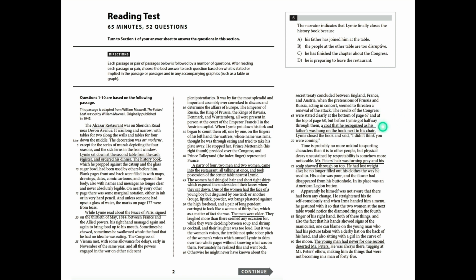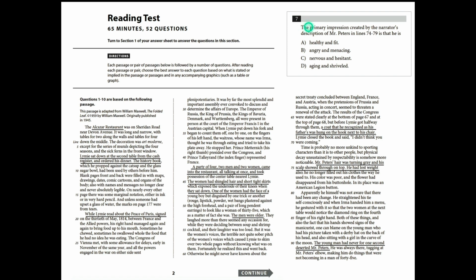Once again, here's the information in the passage that allowed us to come up with the correct answer. And answer choices B, C, and D are all trash and garbage answers, and I'll leave it up to you to decide why. And we'll move on to question number 7.